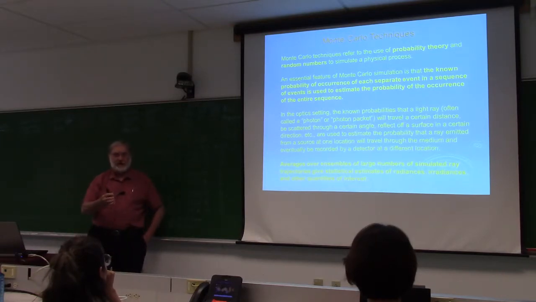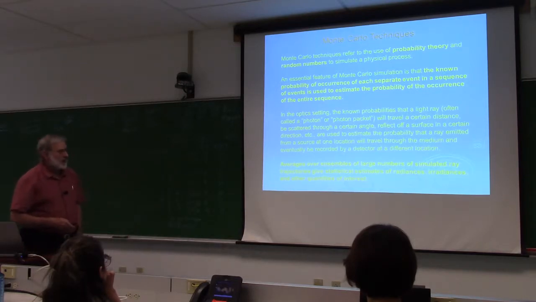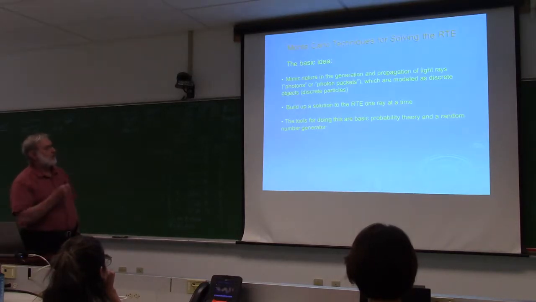You start a new photon, you see how far it goes at random, you see what angle it scatters at random, and so on, and do maybe 1 million photons and then average the results together to get an idea of what you would measure in nature. And so then you can estimate radiances, near radiances, and so forth. And that's what we'll do in the lab.